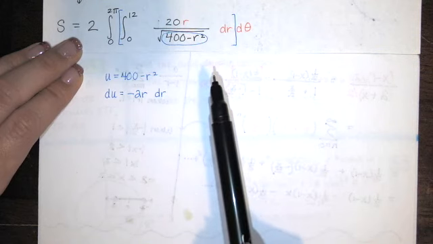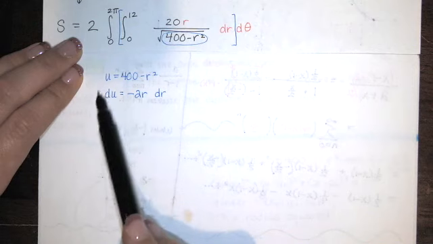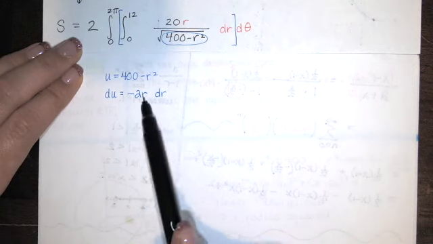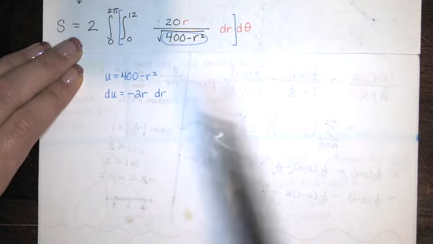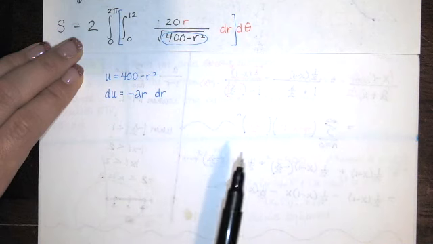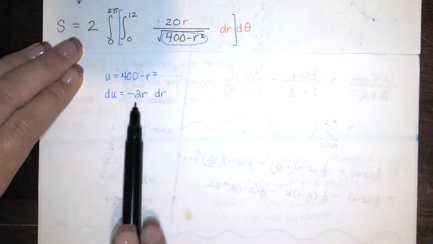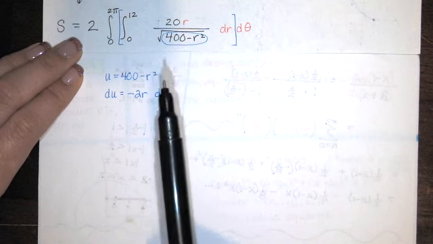So let's do it. Now, you have some options. You could take this equation and solve for r dr. In order to get rid of that -2, you could divide both sides by -2 or multiply by -1/2, same thing. Either way, it's up to you. Or you can say, I really want that to be a 20r dr because I've got a 20r dr right there.